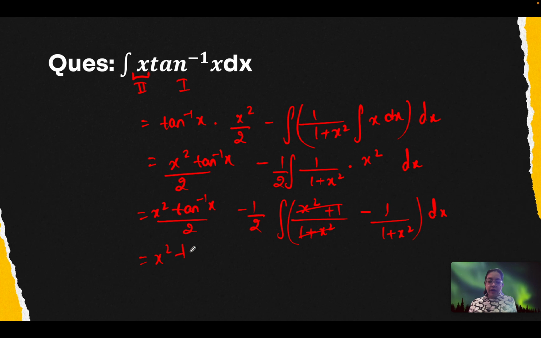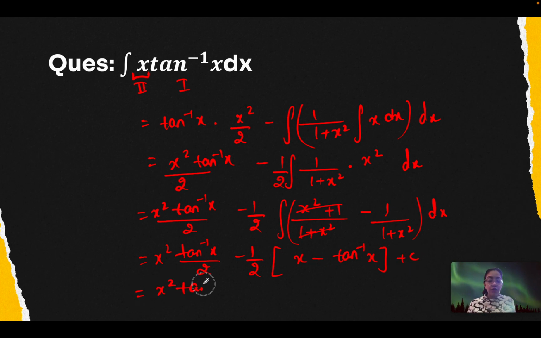So now we have x square tan inverse x upon 2 minus half, and then we can just do the integration of 1, that would be your x, minus, the integral of this is simply tan inverse x plus c.